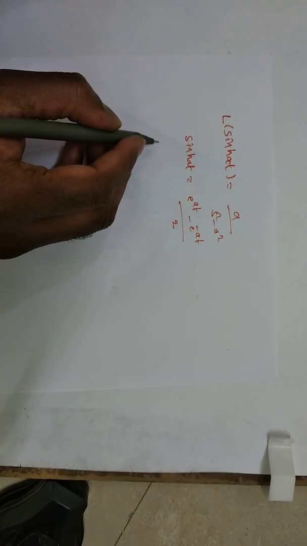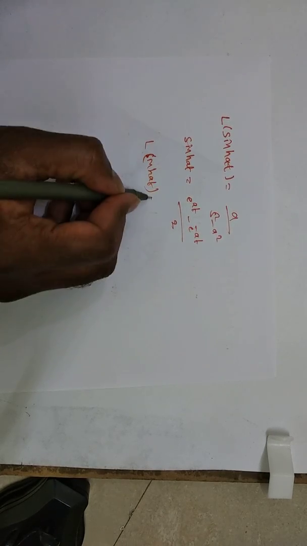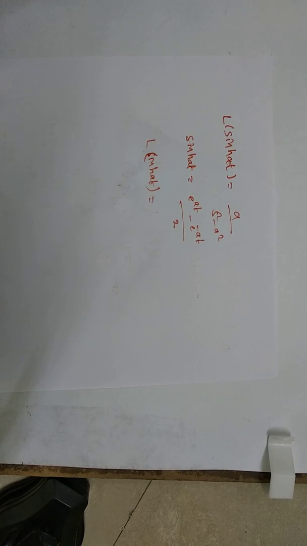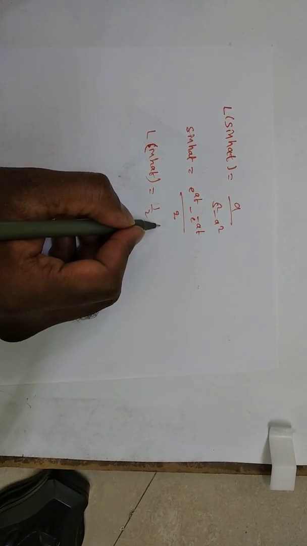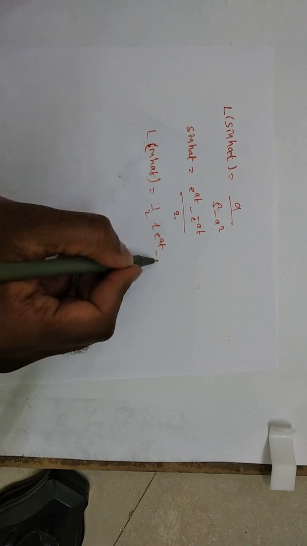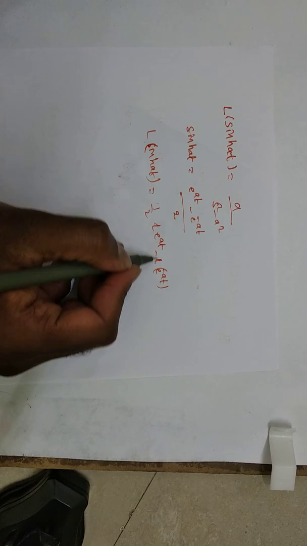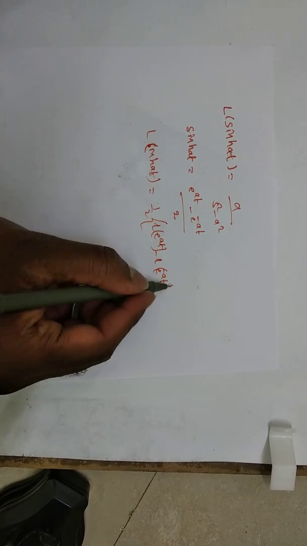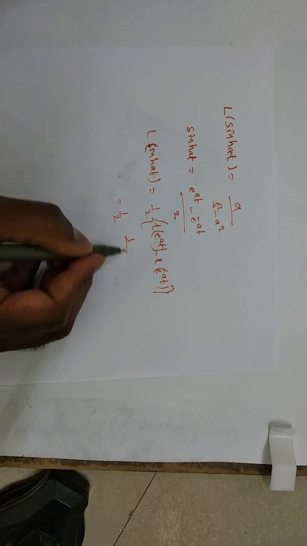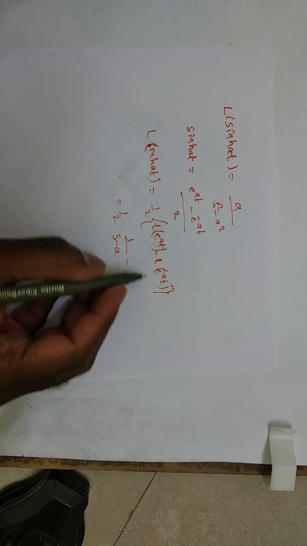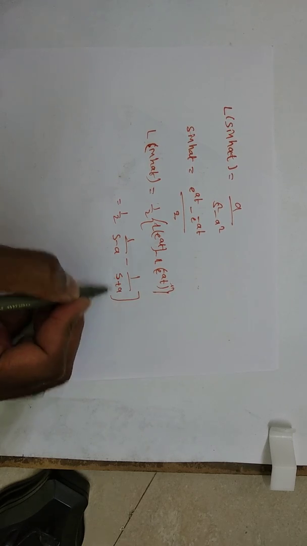Now taking Laplace on both sides, L of sinh(at) is equal to 1 by 2 times (L of e power at minus L of e power minus at) by the linearity property. We know that L of e power at is 1 by s minus a, and L of e power minus at is 1 by s plus a.